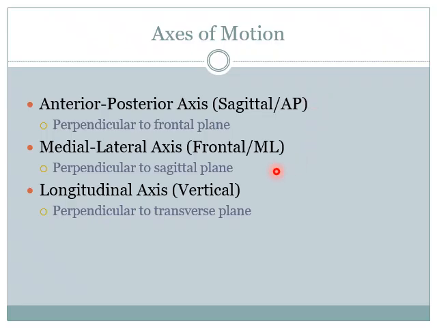A movement that goes through the sagittal plane always moves around the medial lateral axis. Any movement that goes through the transverse plane always runs around the longitudinal axis. So those concepts are there as far as movement.